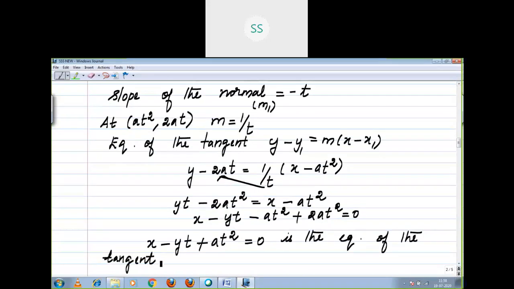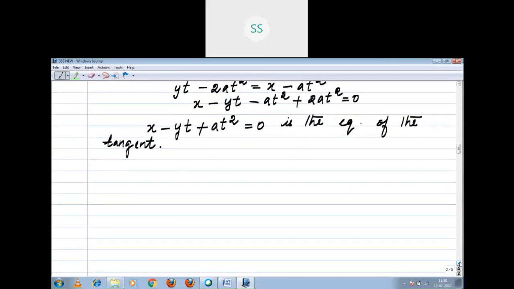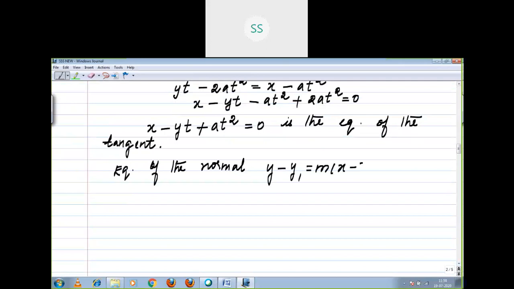Then you want to find the equation of the normal. The point you know, the slope also you know, simply you have to substitute. The equation of the normal, the same one-point slope form: y minus y1 equal to m into x minus x1.